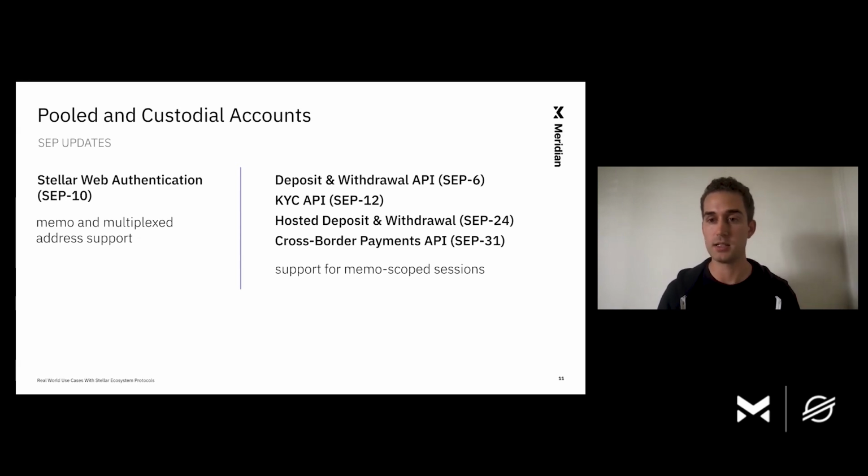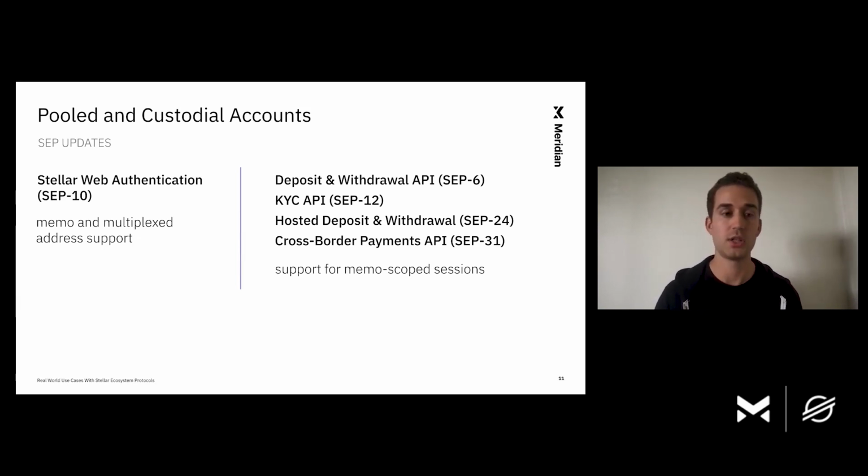If you want to send remittances from one country to another, you have to authenticate with the organization that you're sending the payment to in order to get to the recipient. This authentication mechanism is necessary, but it didn't have support for memo and multiplex addresses, and that's what we added to accommodate this use case.